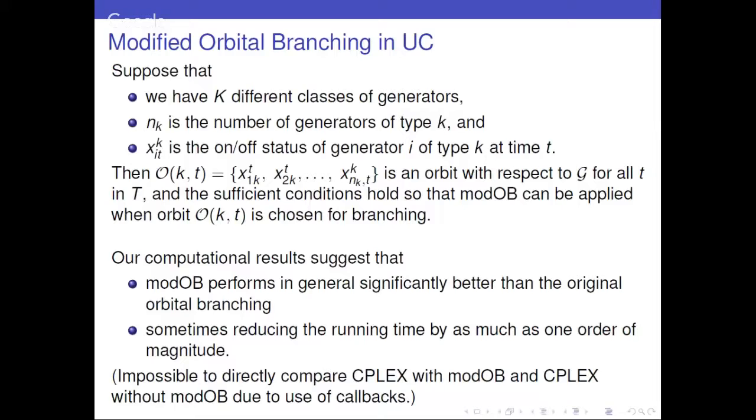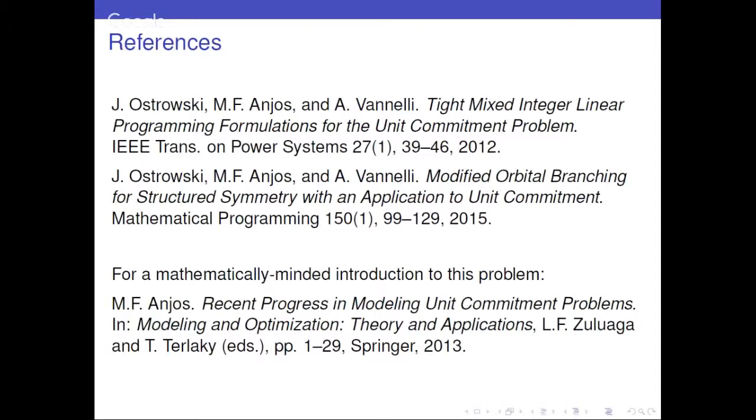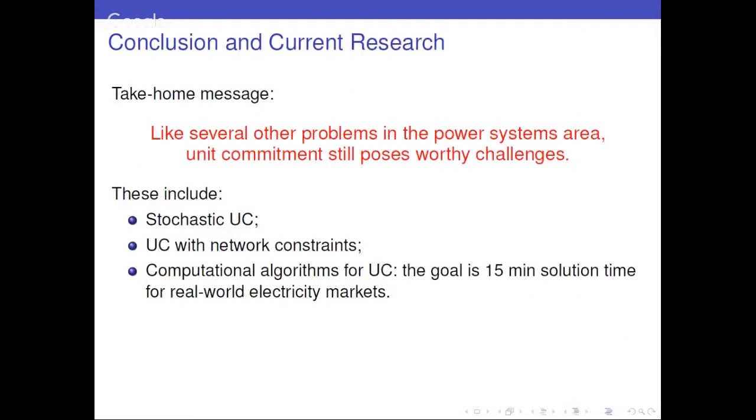So that was basically the message for the second part. These are the references that I'll be very happy to pass on if you wish to look at them. And the bottom line is that even though this is a problem that has been around for a long time, it's still a challenge. There's a lot of work being done right now, stochastic versions especially, in particular to accommodate the integration of renewables into the system, because they have to be quote-unquote dispatched if you want to do a unit commitment, but you don't know what they are, so you get the uncertainty there.